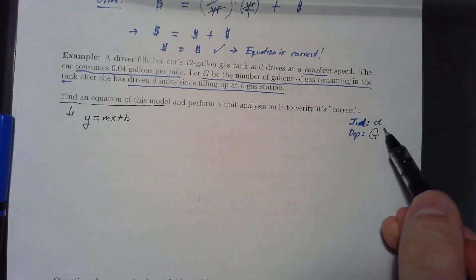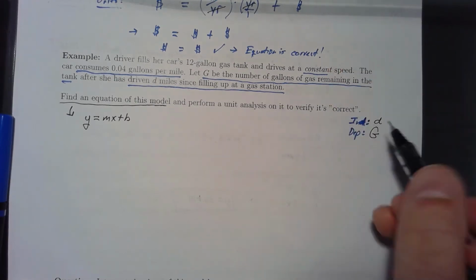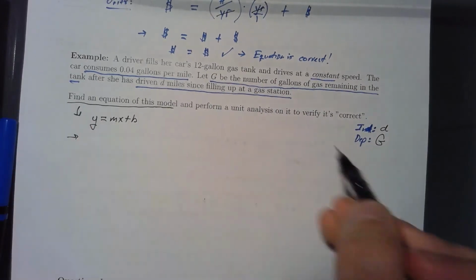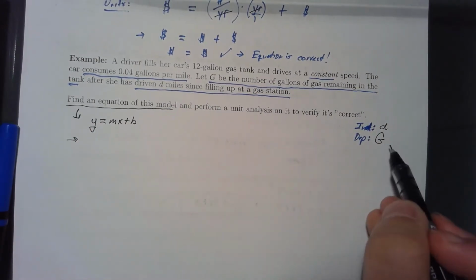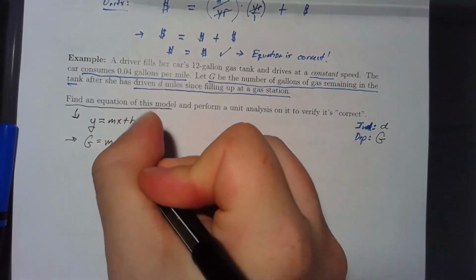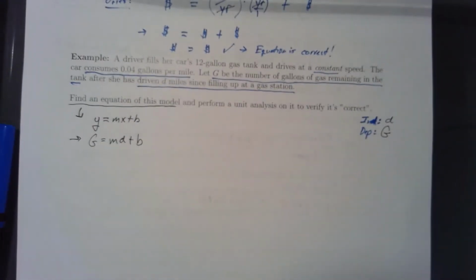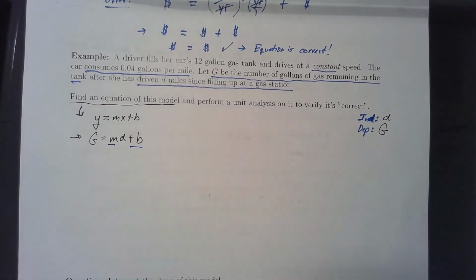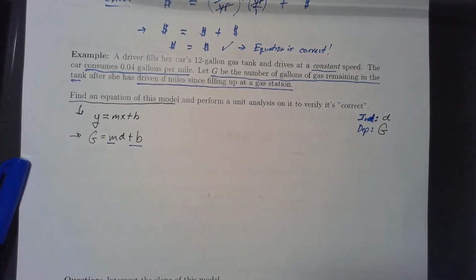But if I use the variables in the problem, independent, that's x, so I'm going to replace x with D, and I'm going to replace y with G. So if I use the variables that I have, this is going to be G equals M times D plus B. So once I find the slope and the G-intercept, I have my model. And then once I have my model, I want to check it using a unit analysis.